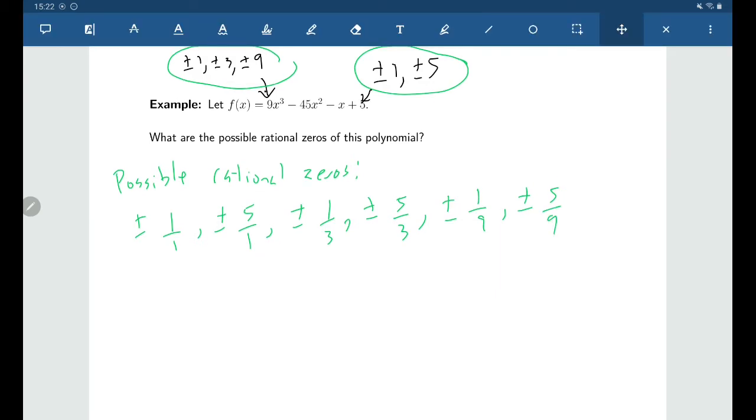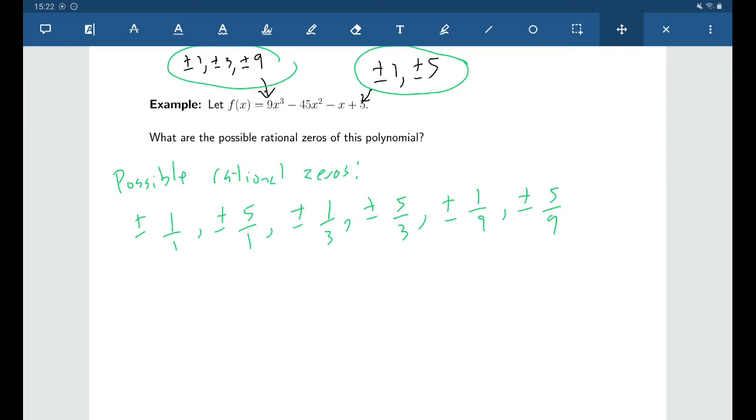So the rational zero theorem has given us this list of 2, 4, 6, 8, 10, 12 possible rational zeros. So that means that we only have 12 numbers to test, and that's it.